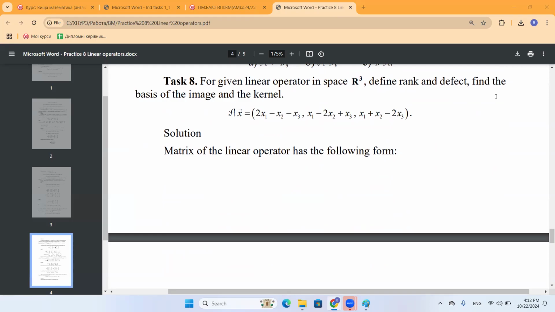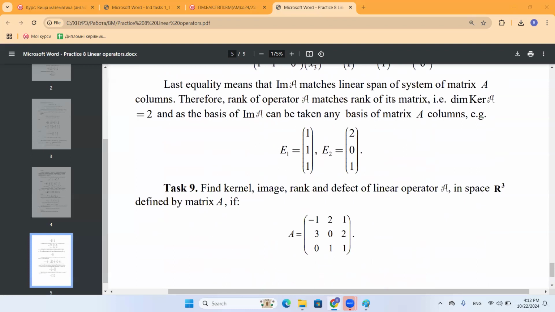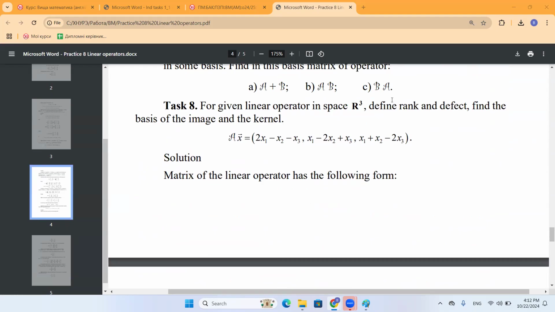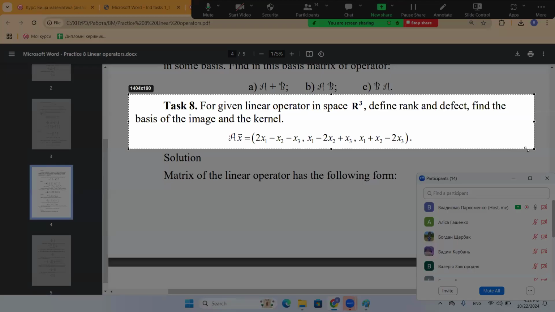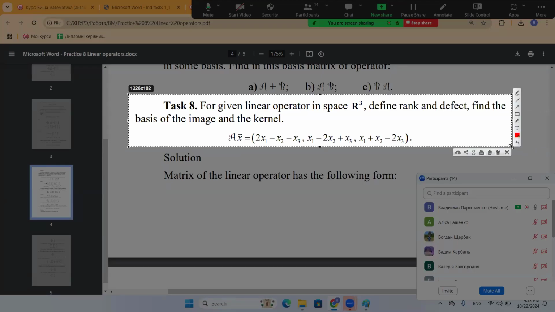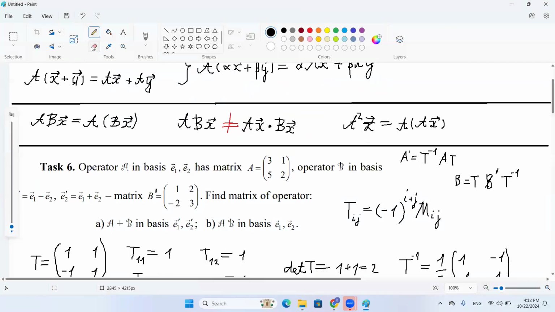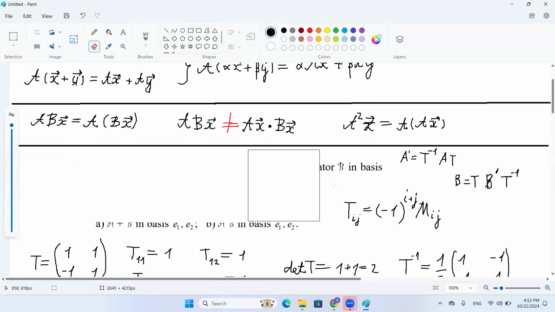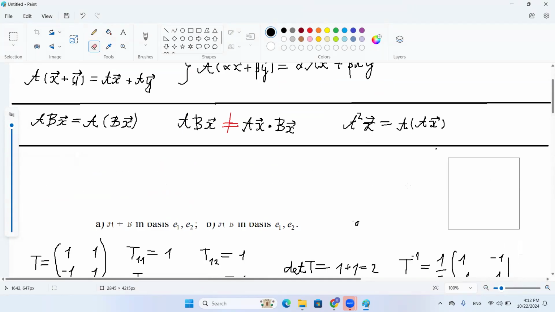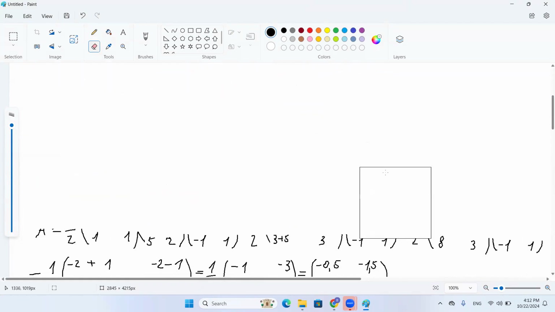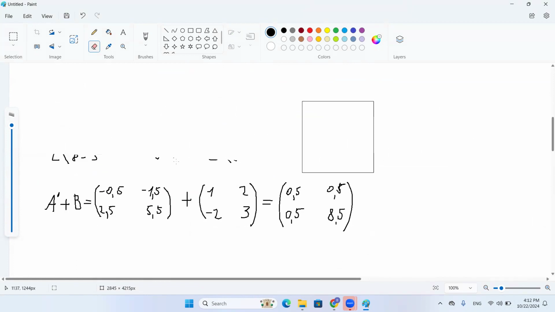Then task 8 is interesting. And what about task 9? Task 9 is identical. So in task 8, we have a linear operator in R3, so in 3D space, and we need to find its kernel, image, rank, defect, and basis for the image and kernel.